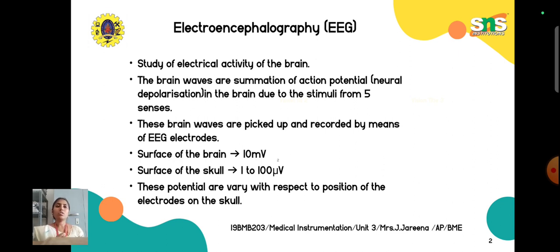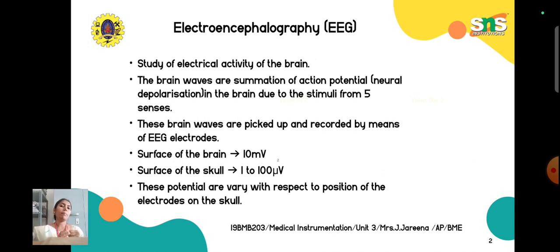That electroencephalogram usually represents a waveform at different frequencies. These waveforms are a summation of the action potentials generated by the brain. In EEG, with the help of electrodes, we capture the action potential due to any kind of response generated inside the brain.